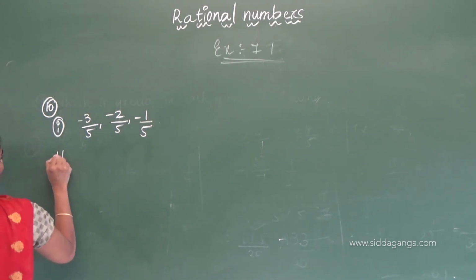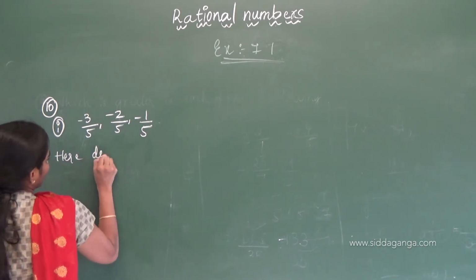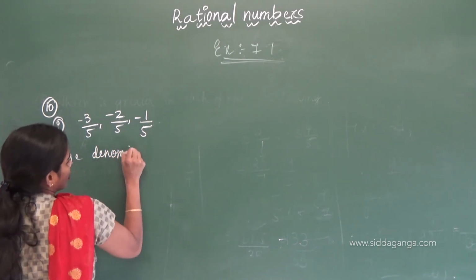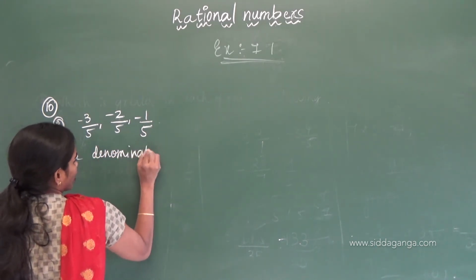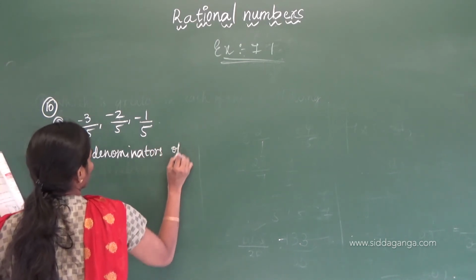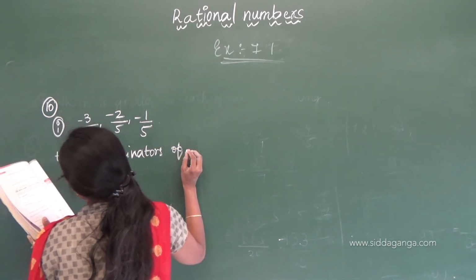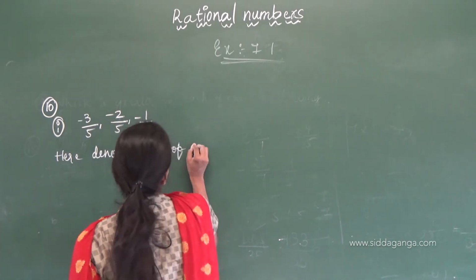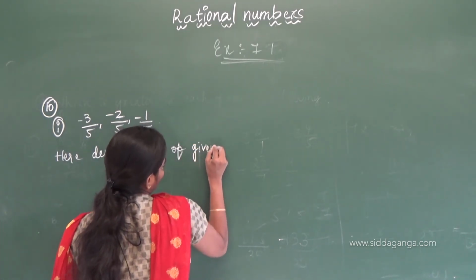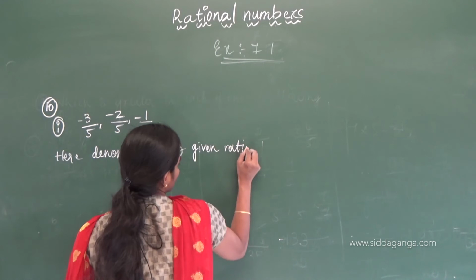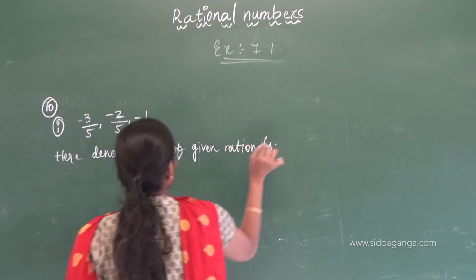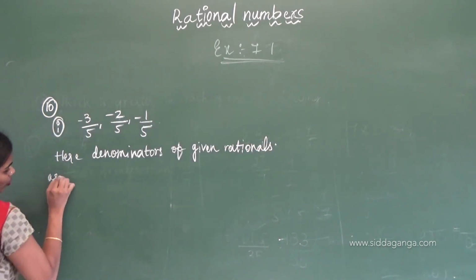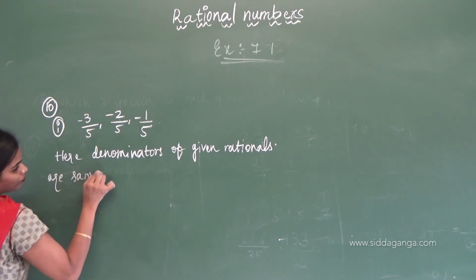Here the denominators of the given rationals are the same. Correct?